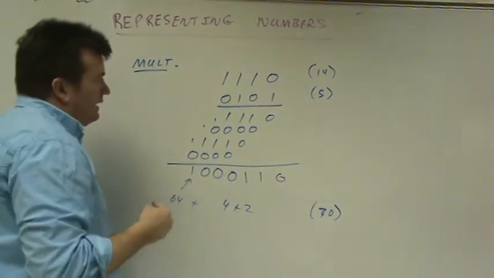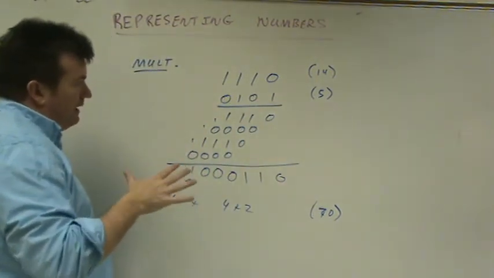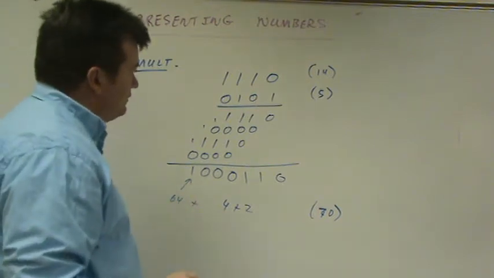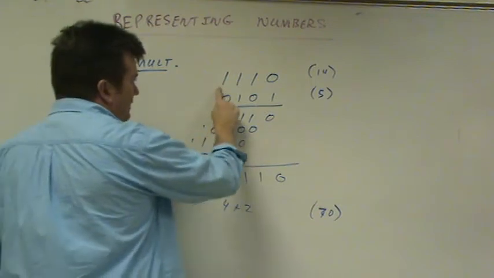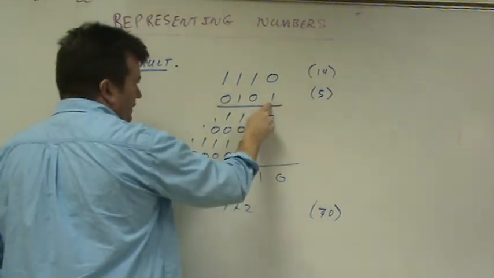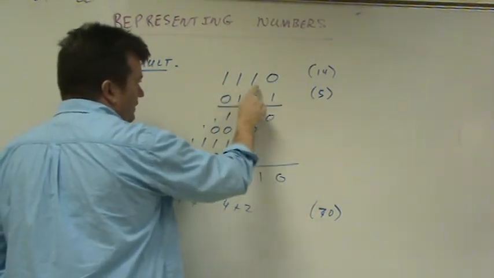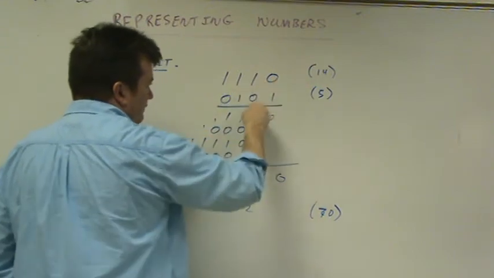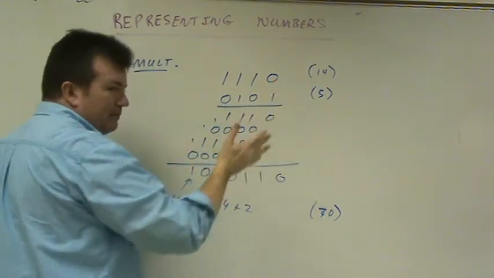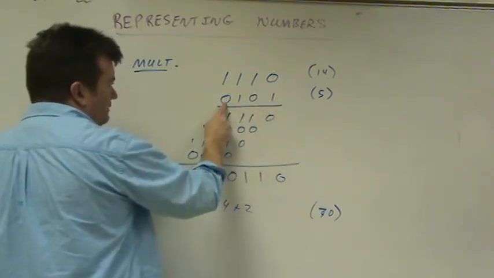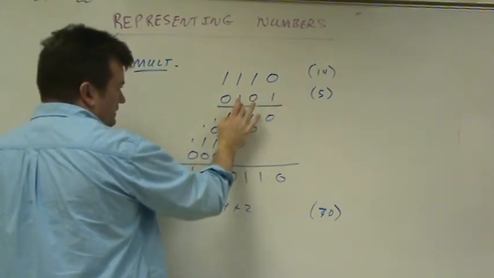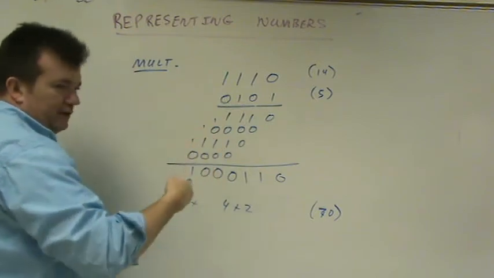So what we could do is actually do a series of adds to replicate multiplication. We could take a value, set it to 0, then add this number to it, if that's a 1. Then double this number by putting a 0 in front of it, and if this is a 1, add it, if not, skip it. And do that. So it would take 4 adds. For each bit of the second number, we'd have to do another addition.